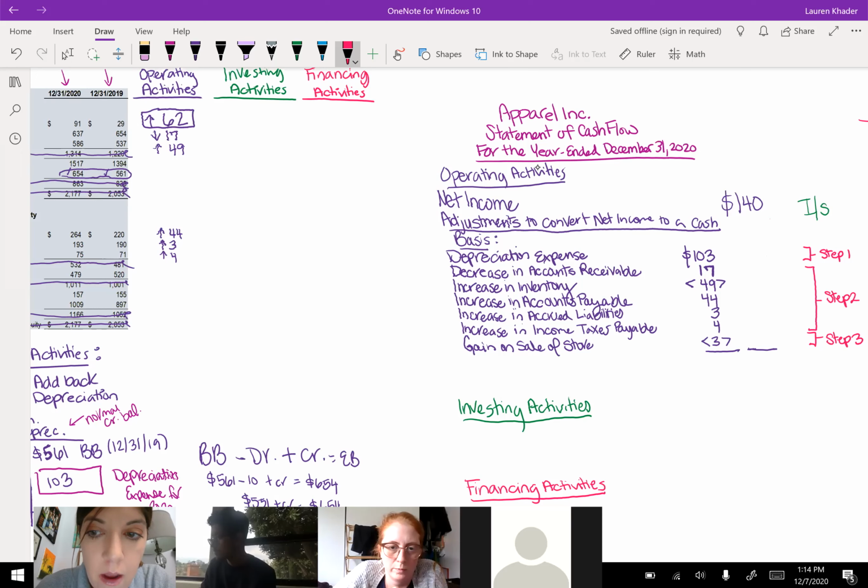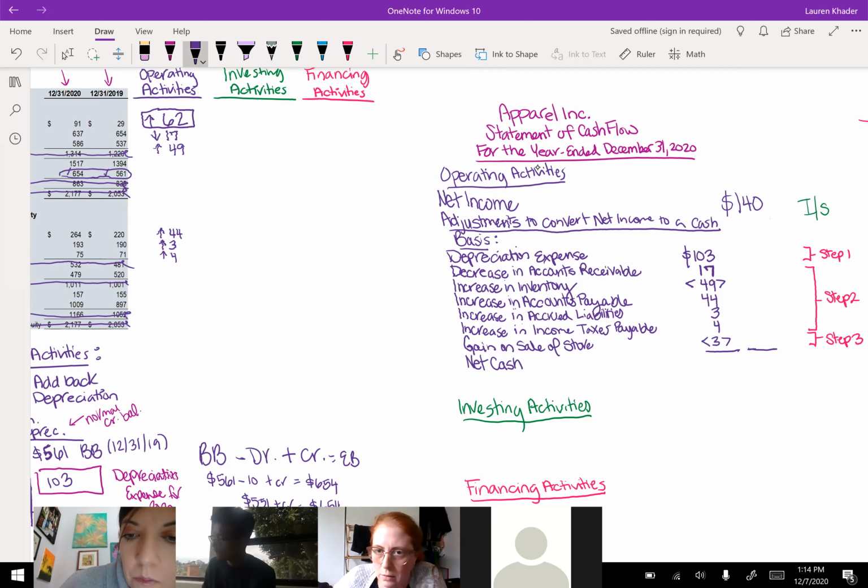So the 103 plus the 17 minus the 49 plus the 44, etc. Should be positive 119. Correct. So 119 is the adjustment that we're going to make.